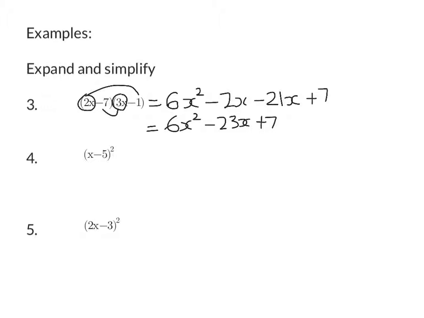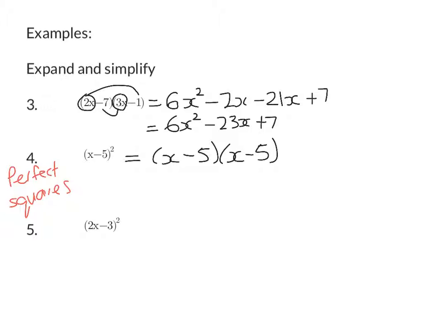Now the next two are examples of what we call perfect squares. Really common mistake here is to forget what it really means, which is not x squared minus 5 squared, but x minus 5 times x minus 5. So always write that out if you've got a perfect square, and then it's the usual method.